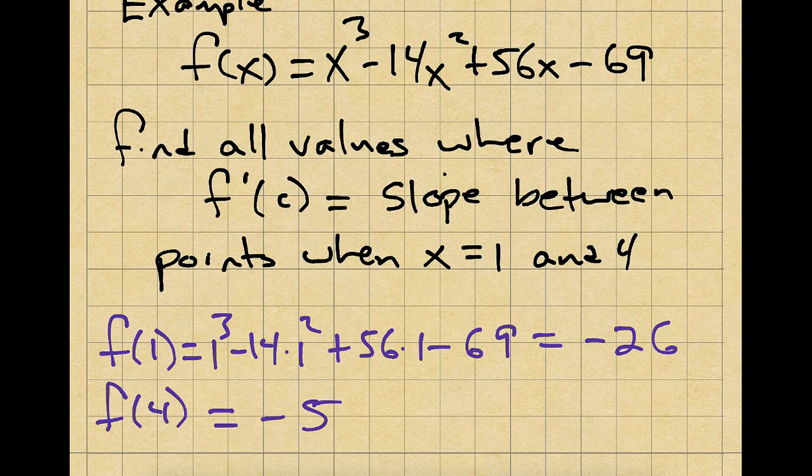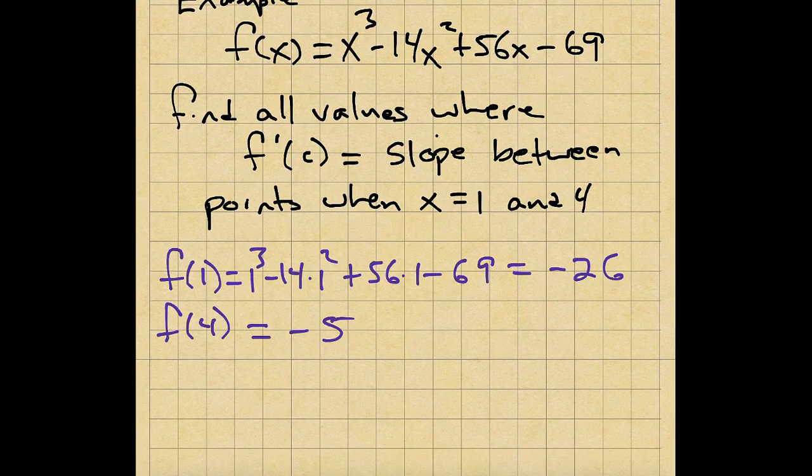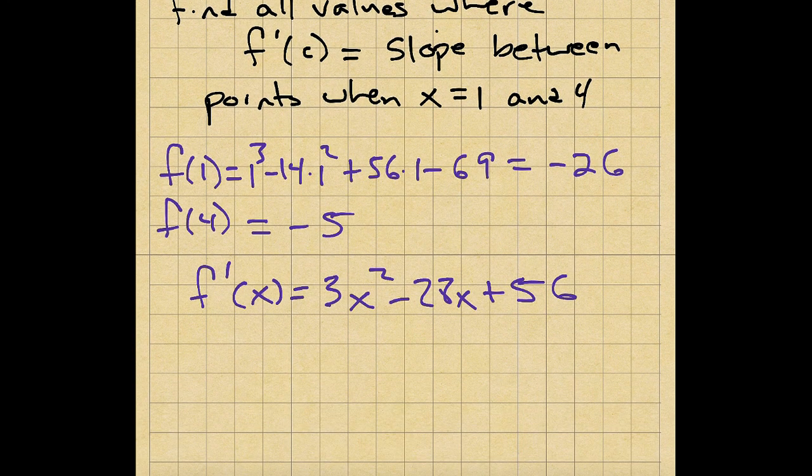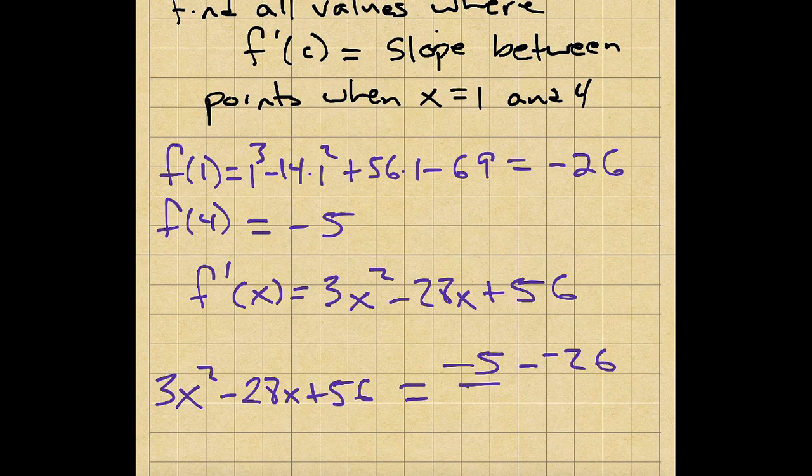You can go through those calculations. Now f prime of x, using the rules that we have for differentiation, is 3x squared minus 28x plus 56, and that derivative has to equal negative 5 minus negative 26 divided by 4 minus 1.